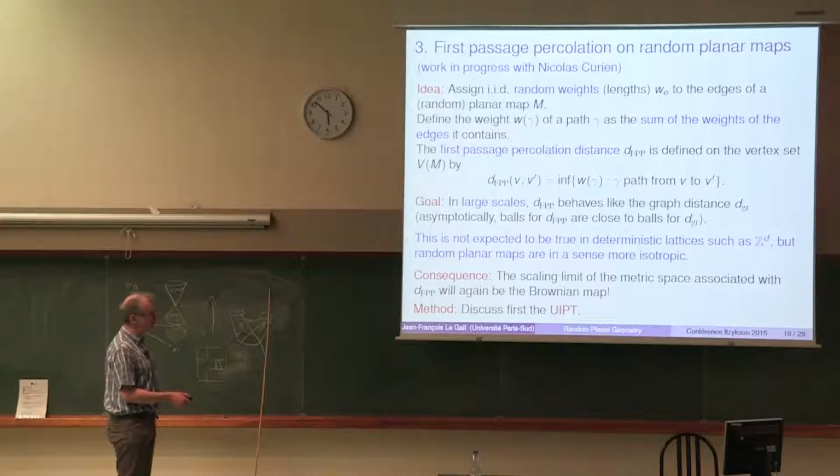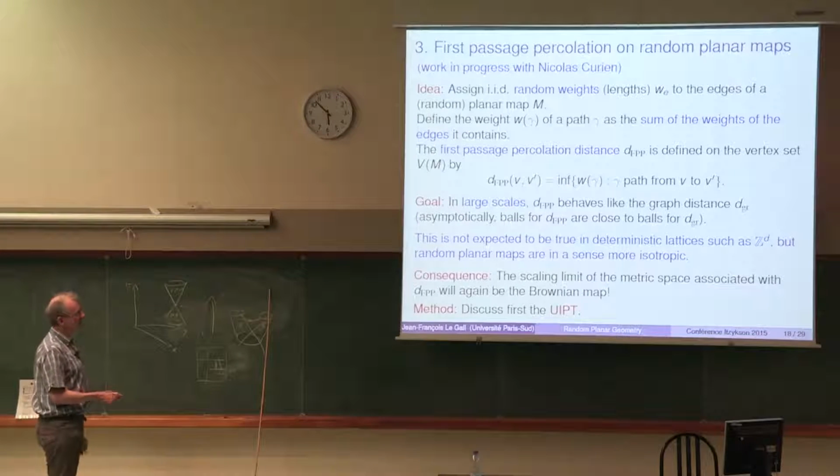And an interesting consequence will be also, well, in some sense we increase the universality class of the Brownian map. We show that even taking other distances than the graph distance, local modifications of the graph distance like this, the limit will again give us the Brownian map.